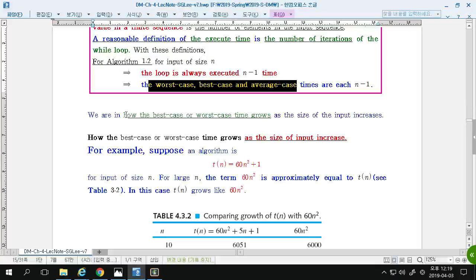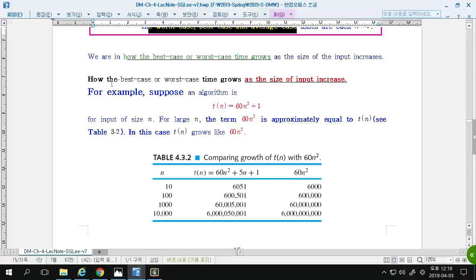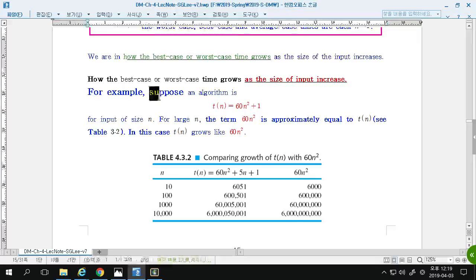We are interested in how the best case or worst case time grows as the size of the input increases. For example, suppose an algorithm has T of n equal to 60 times n squared plus 1 for input size n. Then for large n, the term 60 times n squared is approximately equal to T of n.